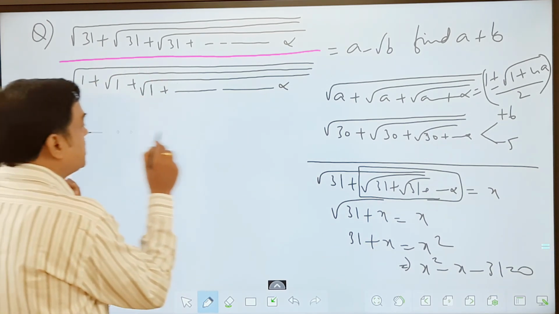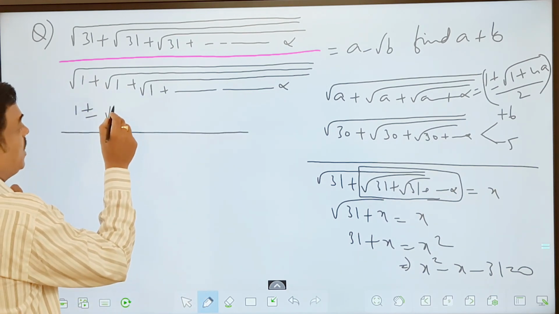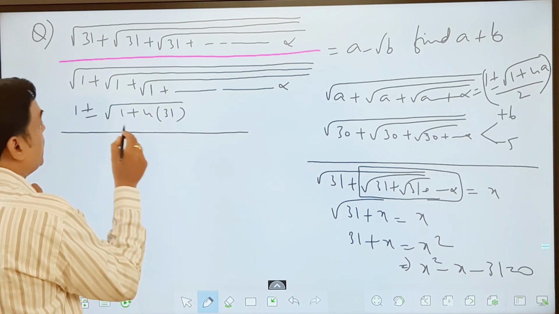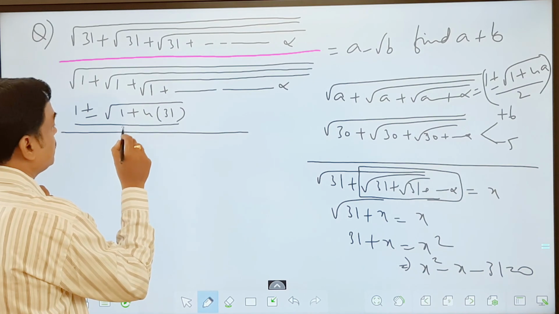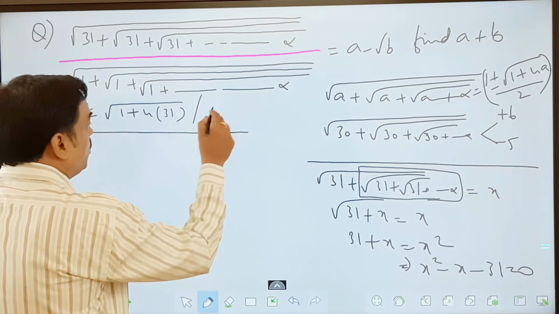So the numerator will have 1 plus or minus under root of 1 plus 4 into 31, upon 2. I'll take upon 2 over here.